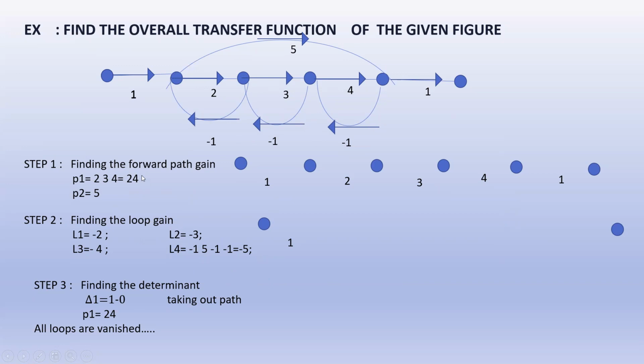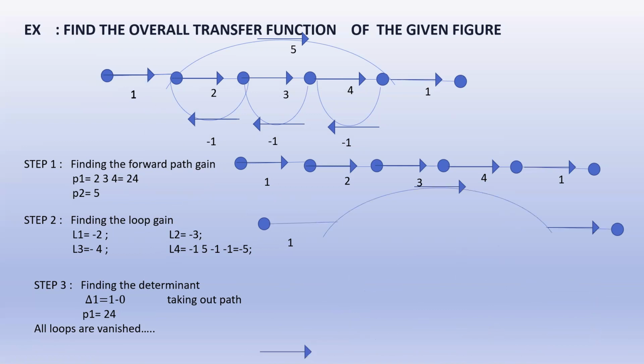So we have two forward paths over here, so we must have two isolated determinants. So the first forward path, that is the straight path. If we find out this isolated determinant, if we isolate this first forward path, then nothing will be left.